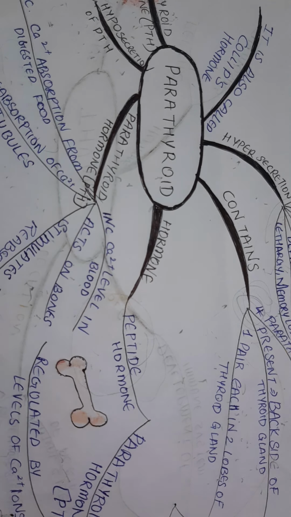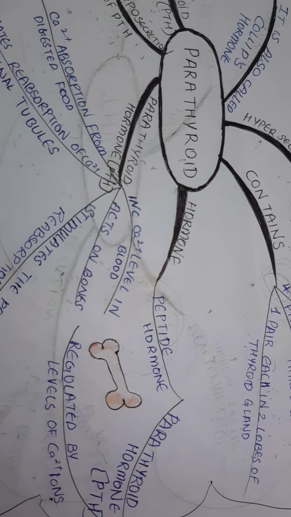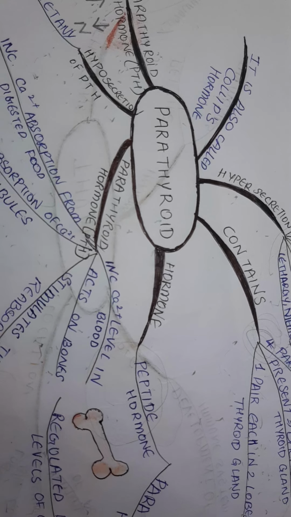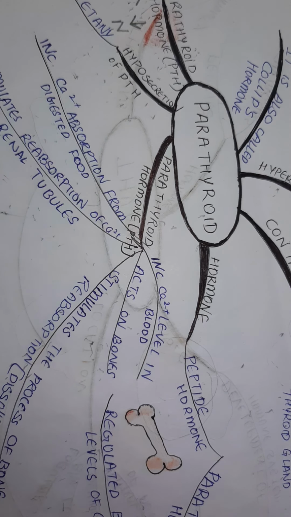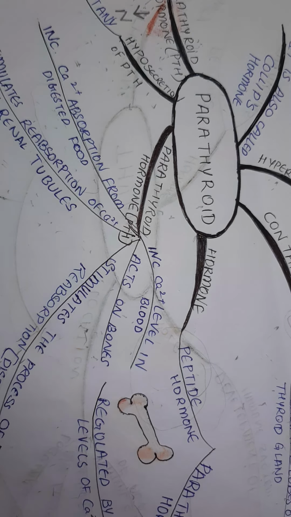It is a peptide hormone, and the basic function is regulating the level of calcium ions in our body. Parathyroid hormone increases calcium levels. It acts on bones, it acts on renal tubules, it acts on digested food. And what is the function in all of these 3? It reabsorbs the calcium. It wants to increase the calcium level in our body. So wherever possible, it accumulates the calcium.